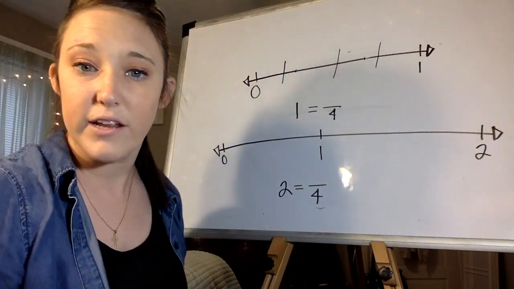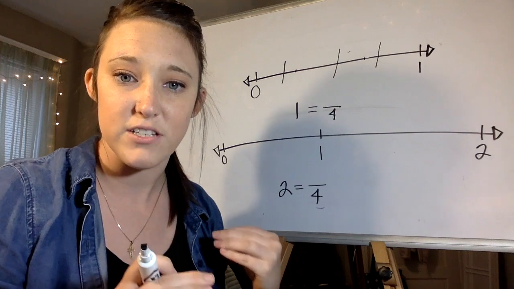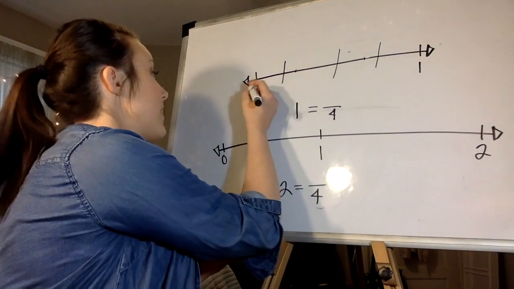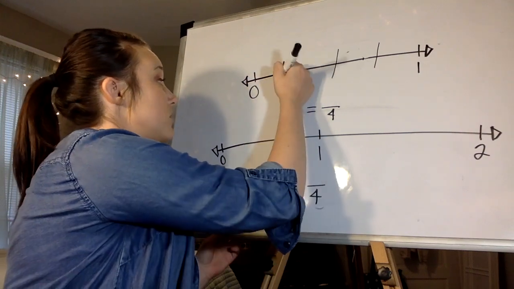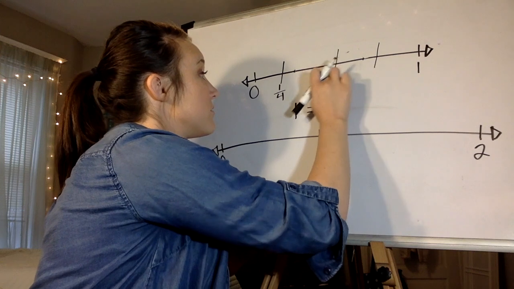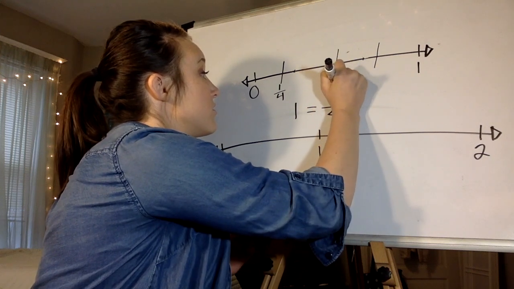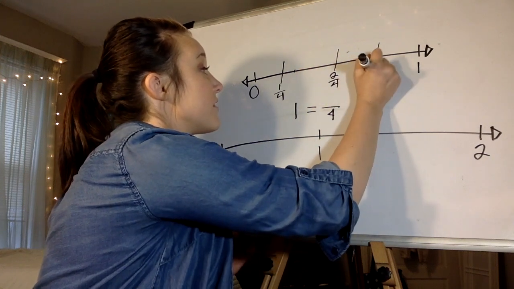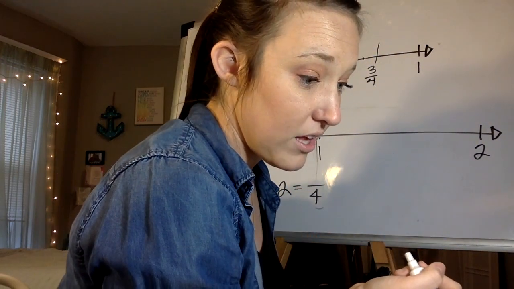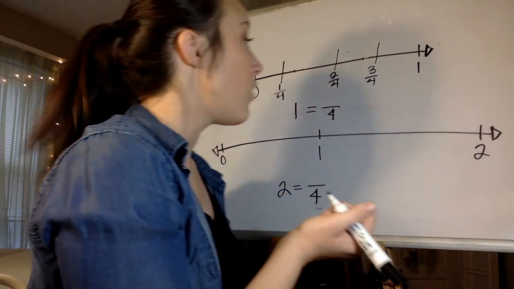So I'm going to go ahead and label. Remember back to chapter 10, our steps: make your equal shares and then label your fractions. So 0 is like 0 over 4. Then I have 1/4, 2/4, 3/4, and then what is 1 whole?